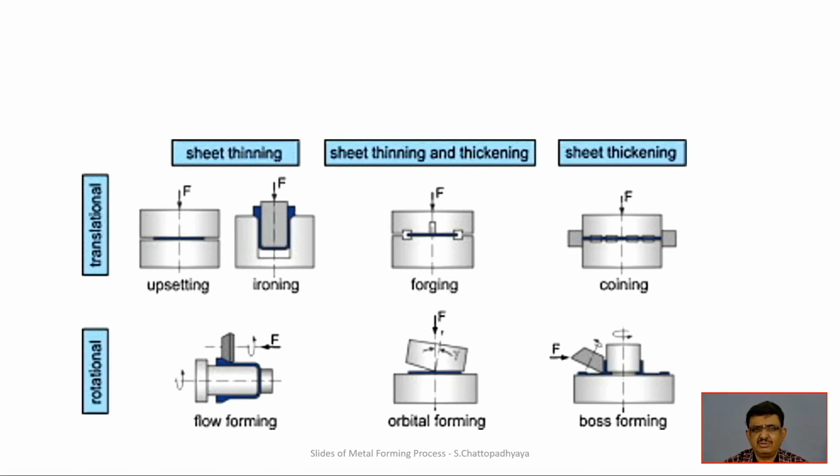The 3D profiles will be generated with pressing of it, then flow forming, wherever it flows, against some kind of rotation against the tool, so it will be flowed and given some kind of shape. Then orbital forming with some eccentric load, so some kind of typical shape, some boss forming, extra protruded portions and all those things, that is also possible in those kinds of operations. Many applications.